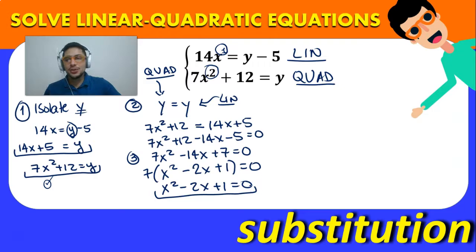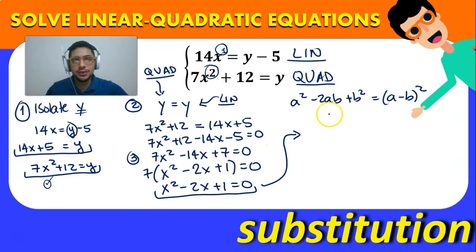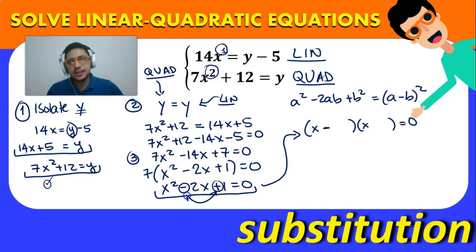Now, guys, there's actually two ways in which we can factor this. We can remember that a squared minus 2ab plus b squared can be factored as (a minus b) to the power of 2, right? Or we can just factor it as we already know, which is basically factoring it into two parentheses, right? The first one is a negative sign because of the minus 2 here, and then it's the multiplication of the signs, so it's negative times negative, which is positive.